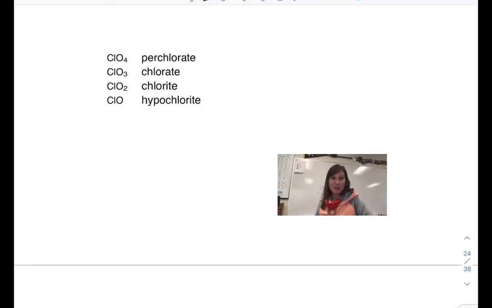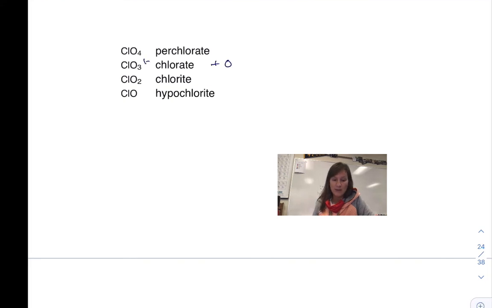So here's an example of how the naming convention applies. If I'm using chlorate, on the back of your periodic table you will find chlorate, which is ClO3 with a -1 charge. If that ClO3 was to gain 1 oxygen, if I plussed an O, then it becomes perchlorate.